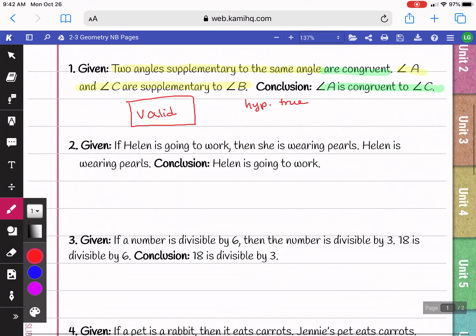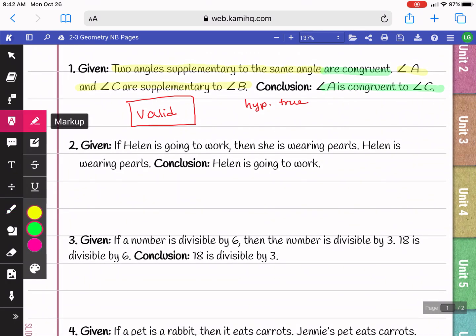Question 2 says if Helen's going to work, so that's my hypothesis, the conclusion is then she is wearing pearls. Now if you look at the next part, it says Helen is wearing pearls. That does not confirm my hypothesis. It actually confirms the conclusion. For law of detachment to be done correctly, you're checking if your hypothesis is true. So here when they're saying she's going to work, that's not necessarily a true statement.